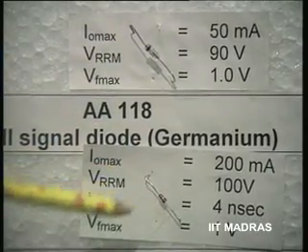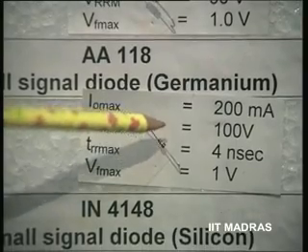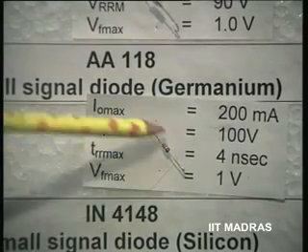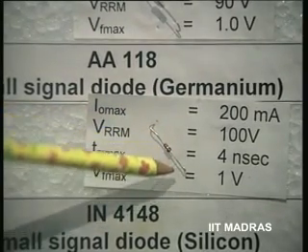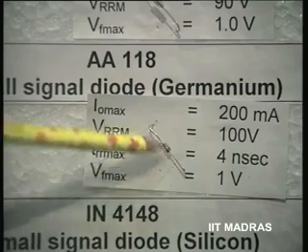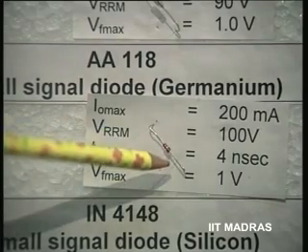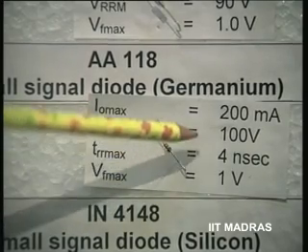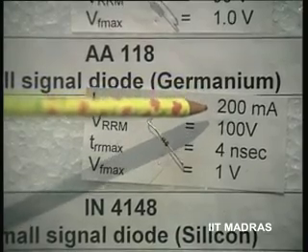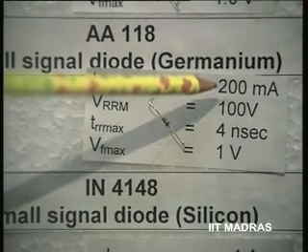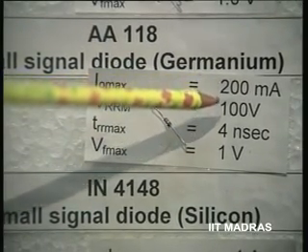And the next one is a small signal silicon diode, again with a maximum forward bias current of the order of 200 milliamperes.